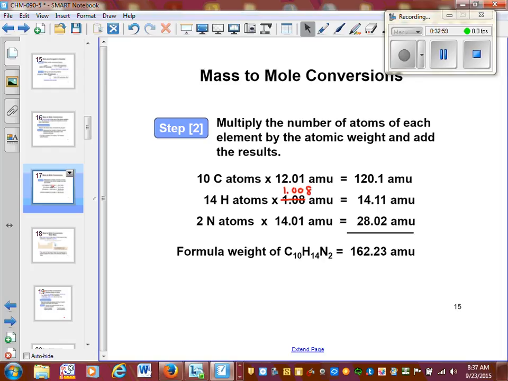And when you do these problems, please be sure to use the periodic table in your book. If you picked up a periodic table from somewhere else, some of them are more exact, they have like 4 or 5 decimal places, you may get a rounding error when you do the calculations.